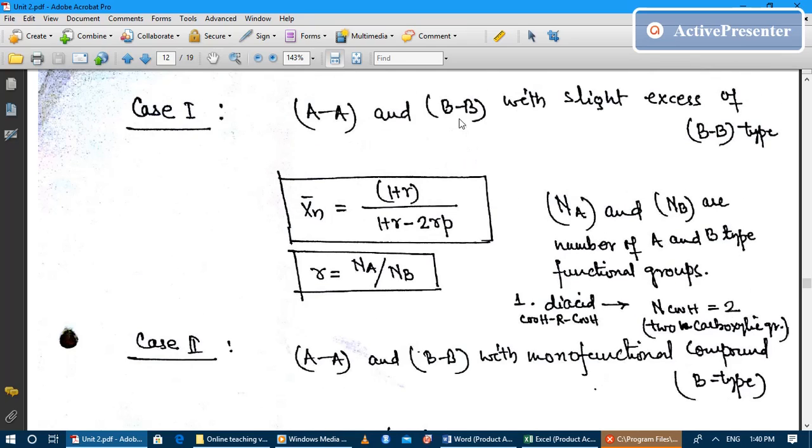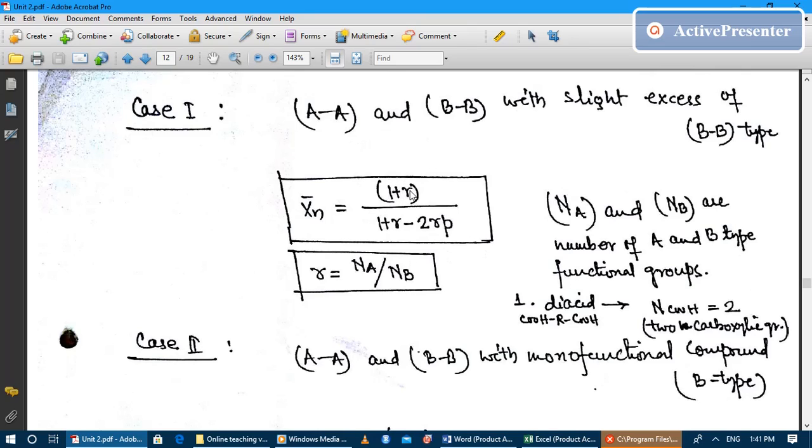Similarly, in case of diol or diamine, there will be 2 amine groups or 2 hydroxyl groups per molecule of diol or diamine.